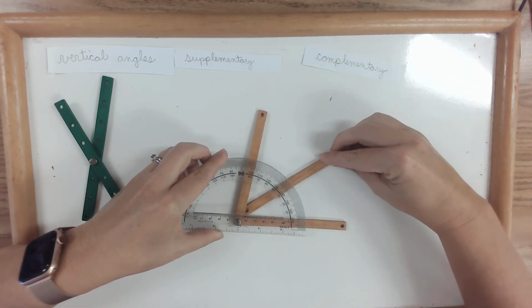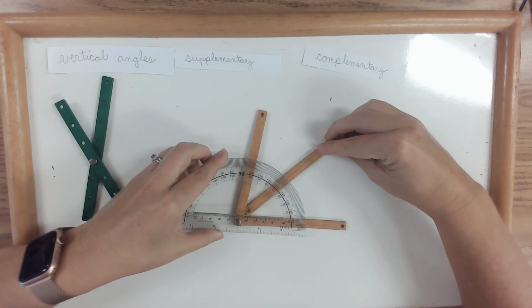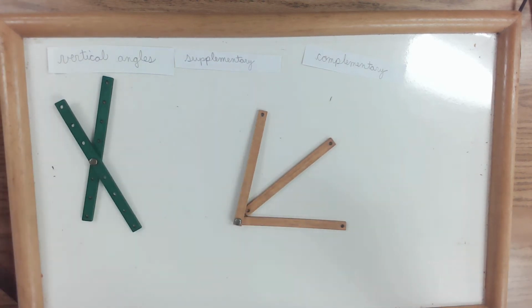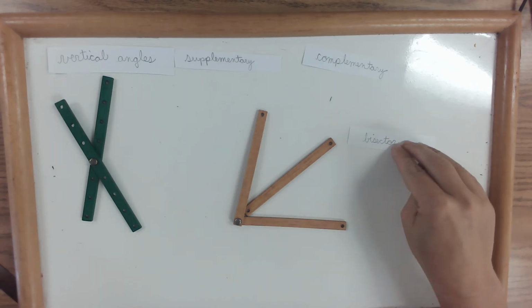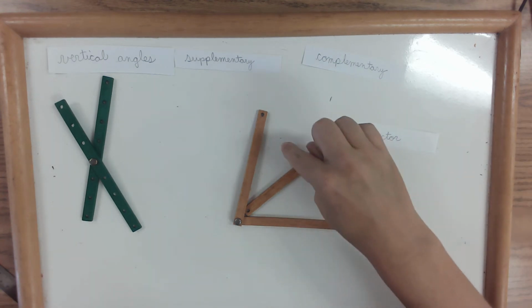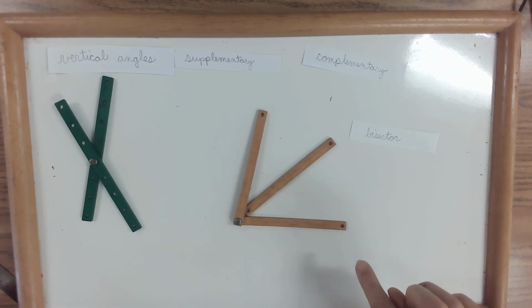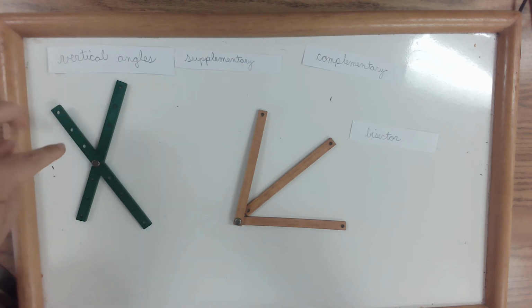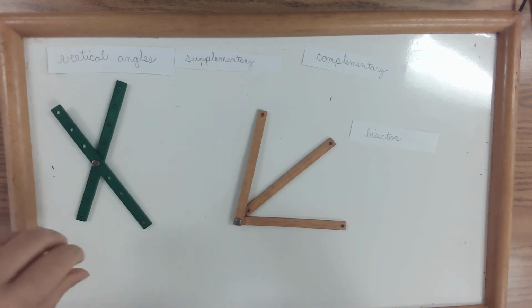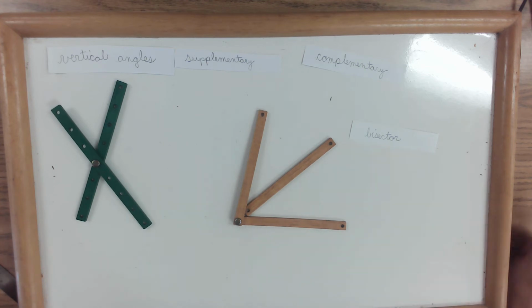So this is the best I can, I guess. A bisector. It looks like it's two angles. A bisector cuts one angle into two even pieces, but it's not like where your vertical angles, you have two lines that make four, or your supplementary and complementary where you have two separate angles.